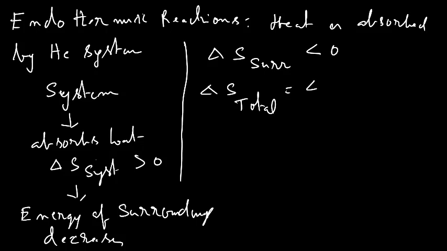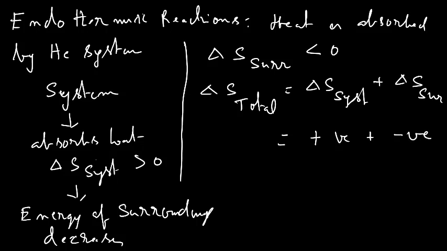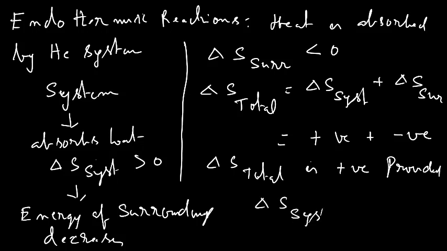Delta S total is equal to delta S system plus delta S surroundings. Here delta S system becomes positive, and since heat is lost by the surroundings, this becomes negative. So delta S total is positive provided delta S system is much greater than delta S surroundings.